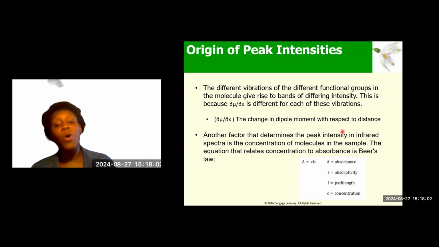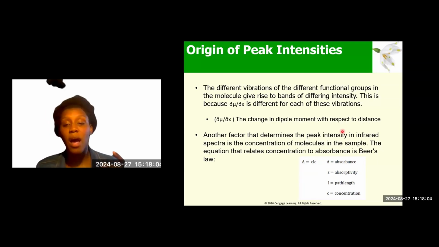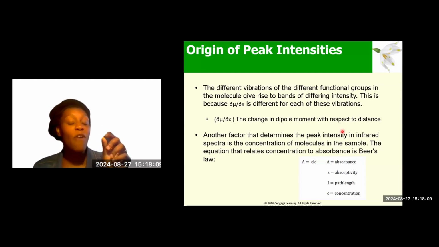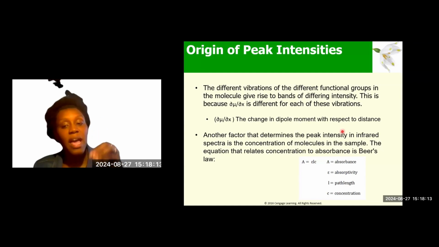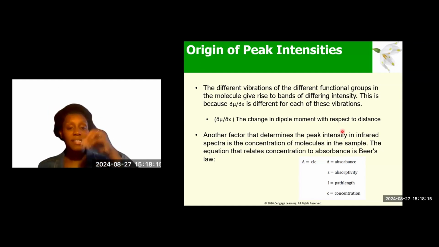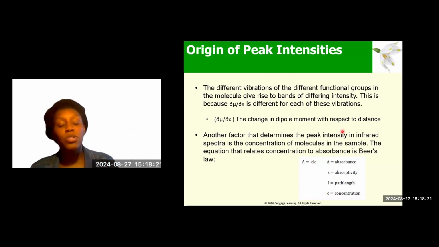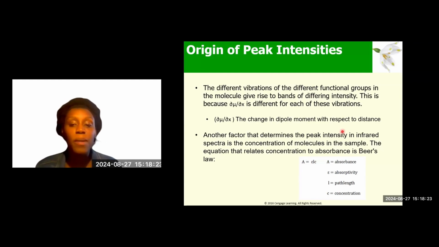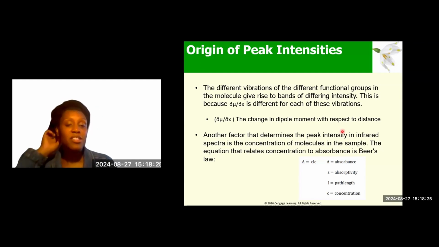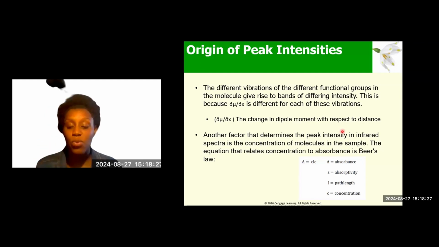Now the other two are constants, the absorptivity constant and the path length, which is just how far the light is traveling. So those are constant numbers. However, because of those constants, you can actually use absorbance and concentration together to be able to determine concentrations based on how much light is actually being absorbed.